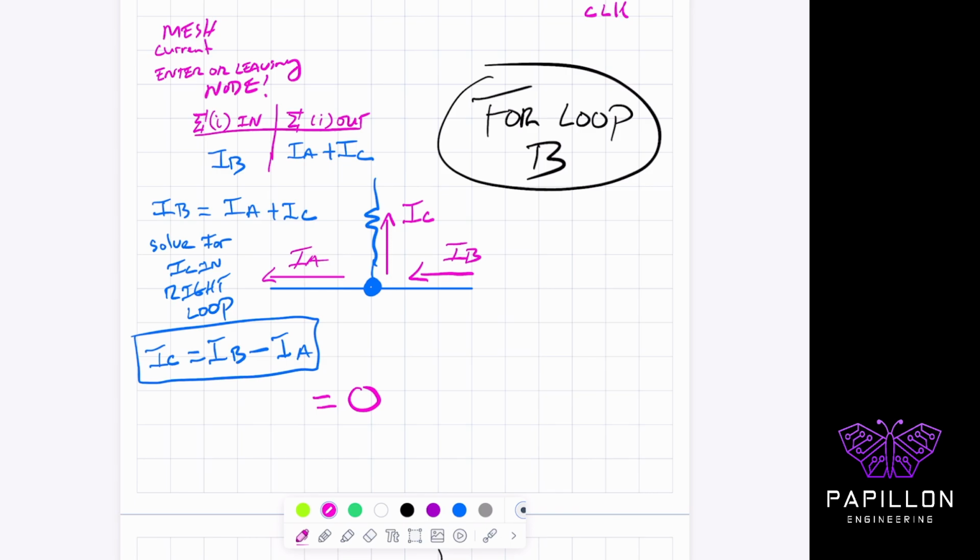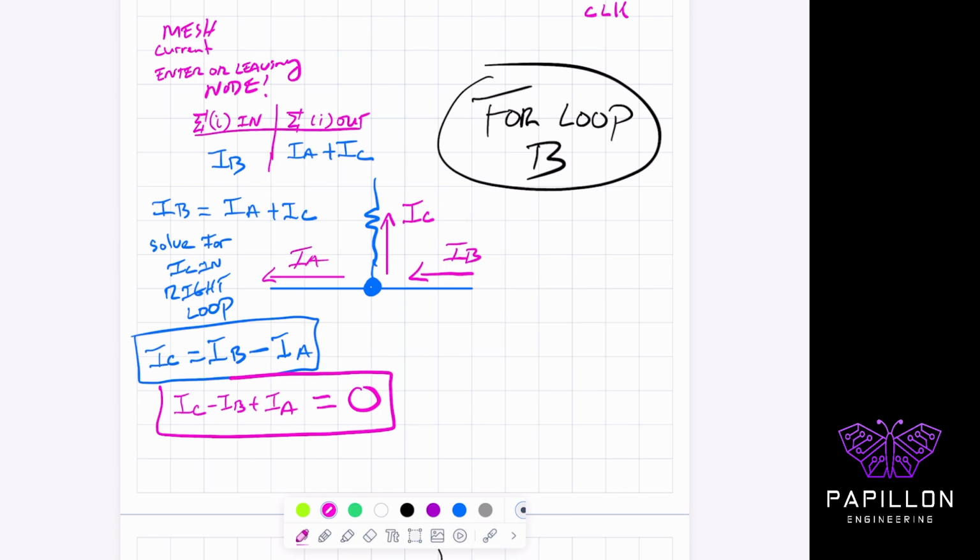There's an equal sign in this equation, which means I could also have written it by leaving the IC there and moving the IB and the minus IA from the right-hand side to the left. I'll be left with IC minus IB plus IA equals 0.